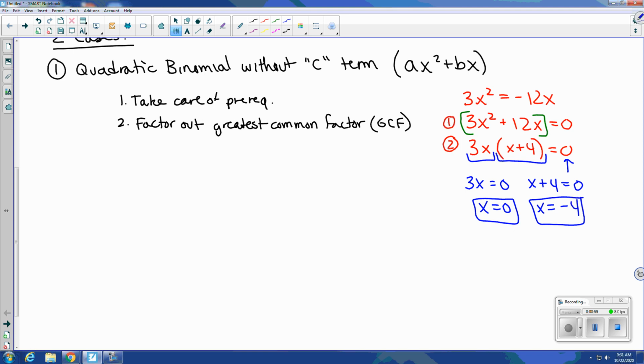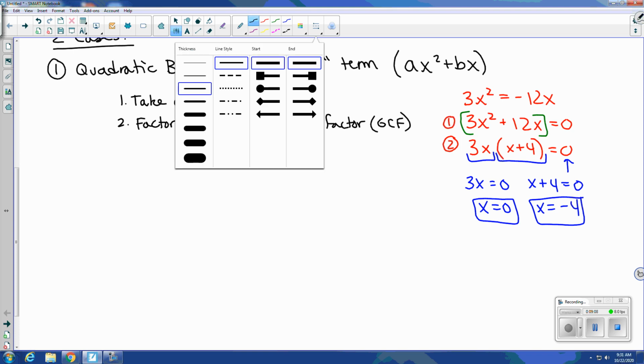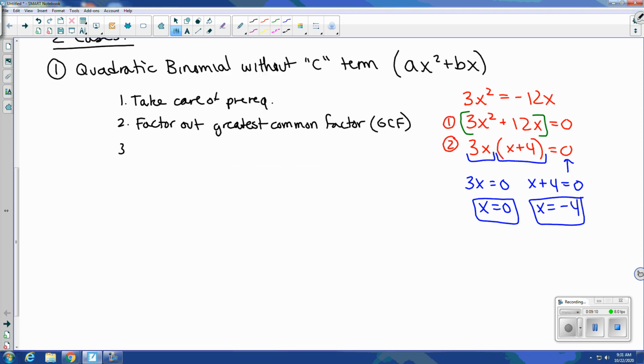What we utilized is called the zero product property. So that is our third step here. Once you have it factored, you're going to use zero product property to set each term equal to 0.